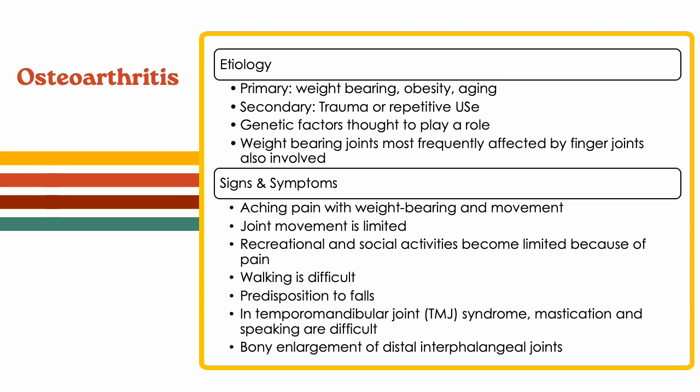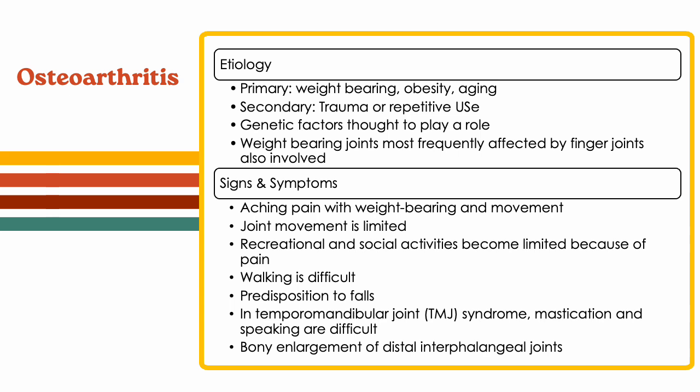As I've mentioned, you have primary osteoarthritis, which is the result of aging, obesity, or weight bearing. Secondary, you have trauma or repetitive use, and it can also be secondary to disease processes. We think that genetics play a role in this, but mostly weight bearing issues. You have signs and symptoms including aching joints and pain. You have limited joint movement.